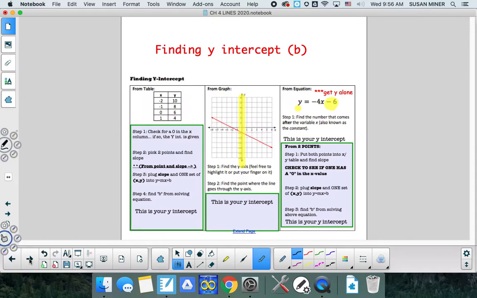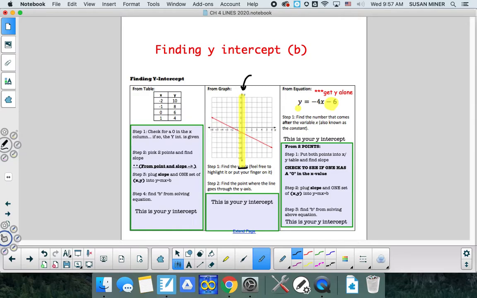So let's go ahead and find the y-intercept from a graph. The very first thing that we need to do when we have a graph is find the y-axis. I've highlighted it here in yellow. It's the vertical line that's right in the middle of my graph, and it's the one we've been labeling y. Usually it's the one that has the numbers assigned to it.